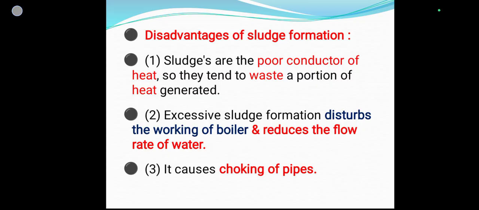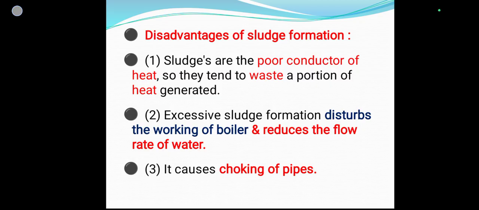Here the sludge absorbs a portion of heat because it is a poor conductor of heat. So what will happen? 100% of the heat will not be transferred to the water present in the boiler. Some portion of heat will be wasted. So wastage of heat takes place here.